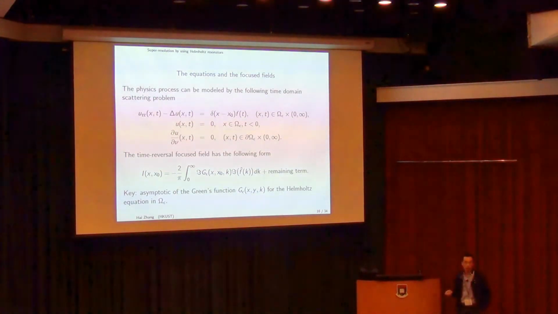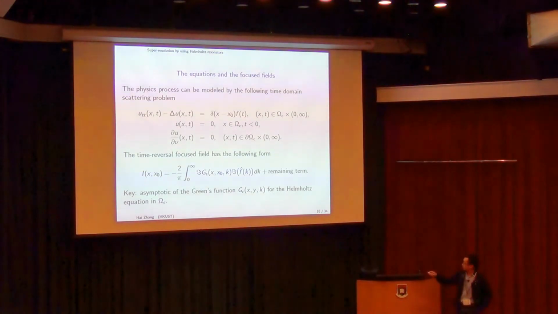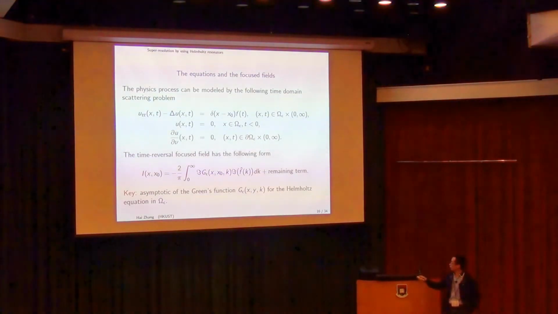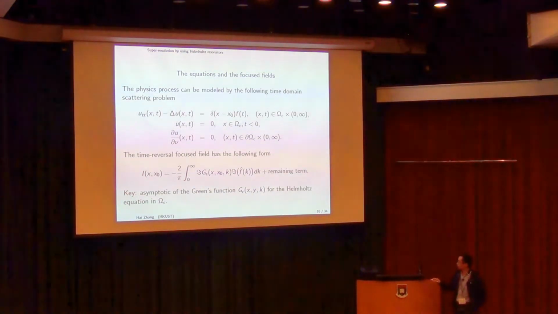And we can work out that the focused field from the time reversal experiment is given by this formula, which is the integral of the imaginary part of the Green function, modulated by the signal emitted by the source.